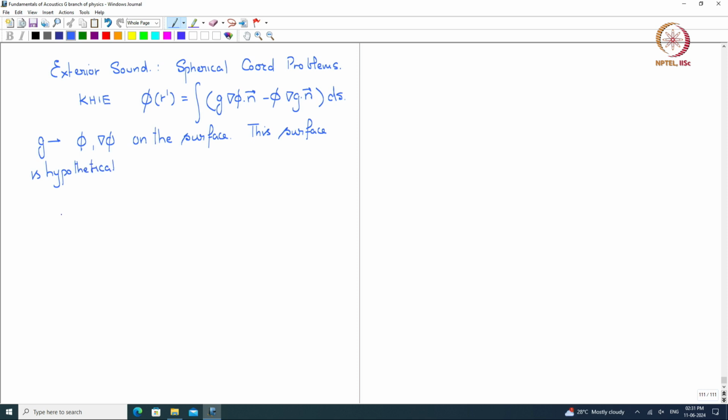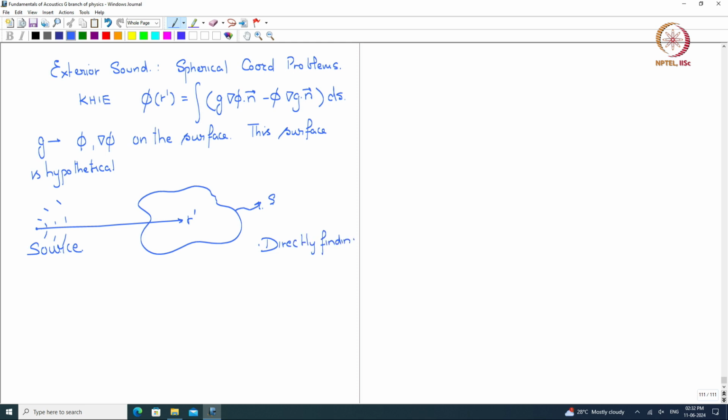What I mean is, suppose I have a region of space bounded by a surface S and I have a source over here, and I can find the pressure value at some location r dash due to the source. That I will call directly finding the pressure.